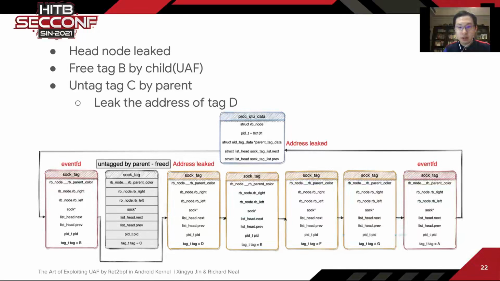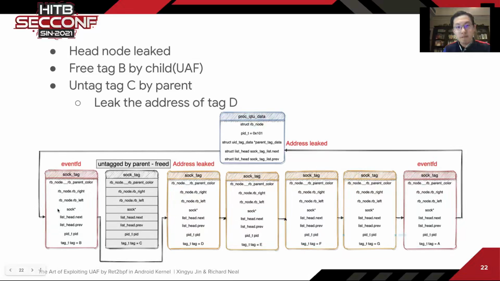Here is the way I figured out. First of all, untag the socket tag B from a child process, so you get a use-after-free. The next step is to spray the eventfd to occupy the freed socket tag structure.